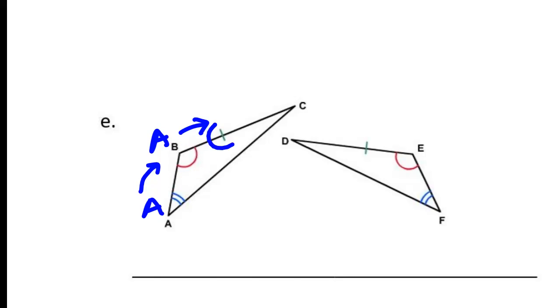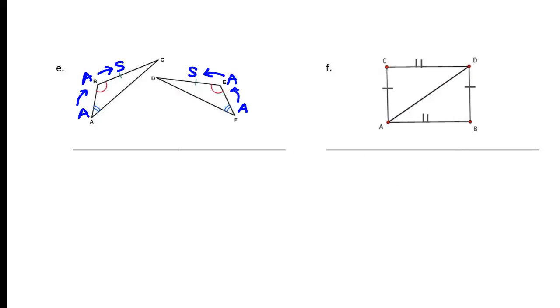And I come around here, and here we have a side marked. The other triangle, this angle is congruent to this angle, so that's where I'm going to start. Then I walk here to another marked angle, and finally I walk here to my marked side. Are these two triangles congruent? Yes.